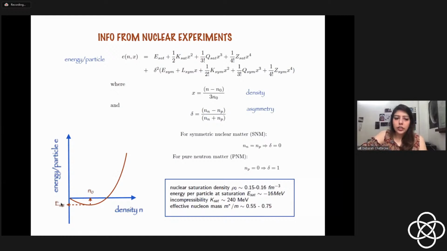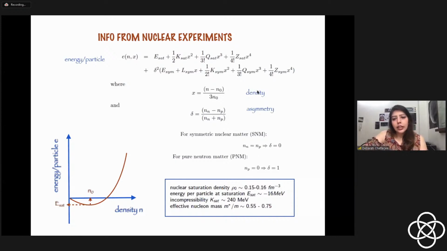At a certain density called the saturation density, there is the minimum of the energy per particle, and this minimum is called the saturation energy. This comes from the behavior of the binding energy of nuclei, so from the studies of nuclei we have all this experimental data.